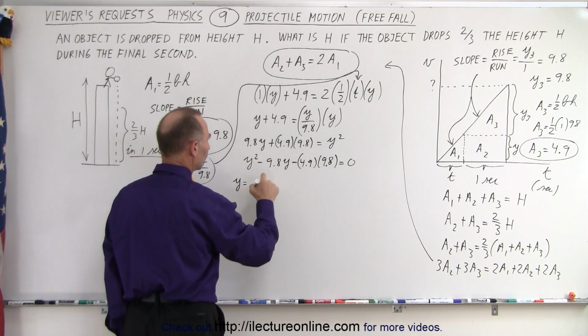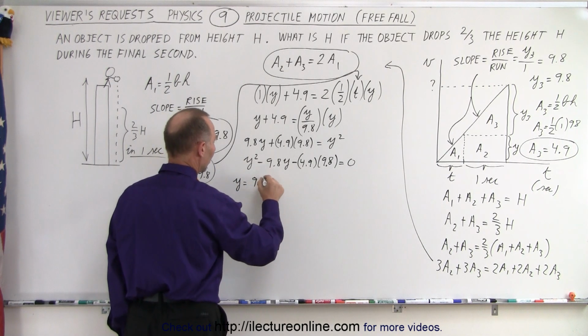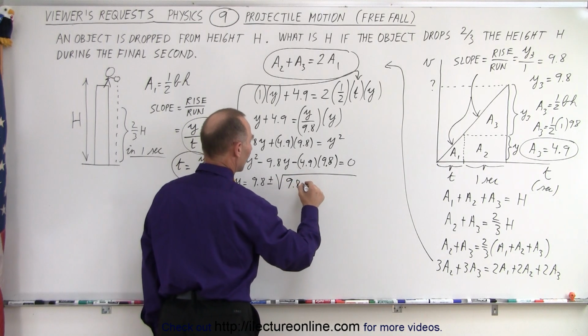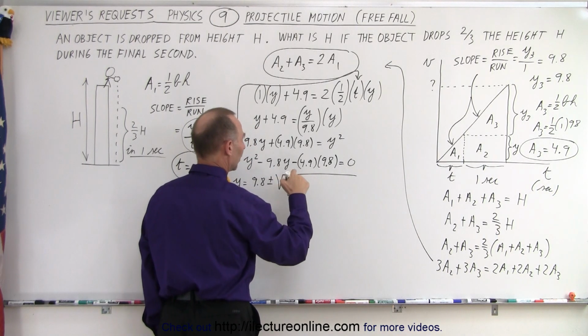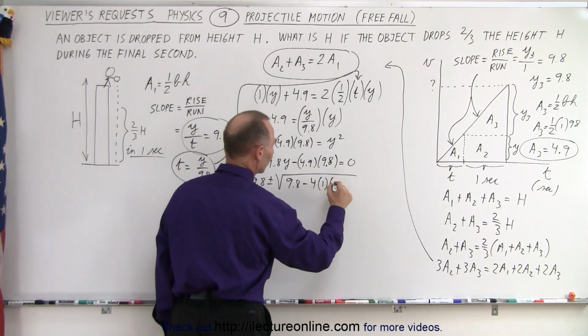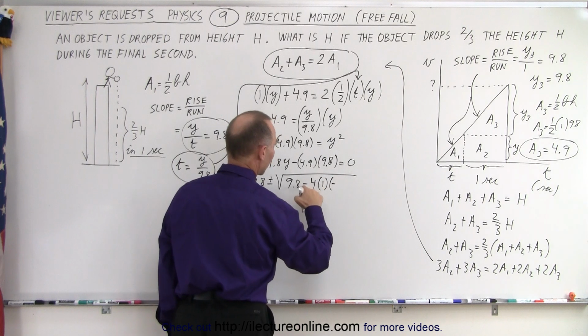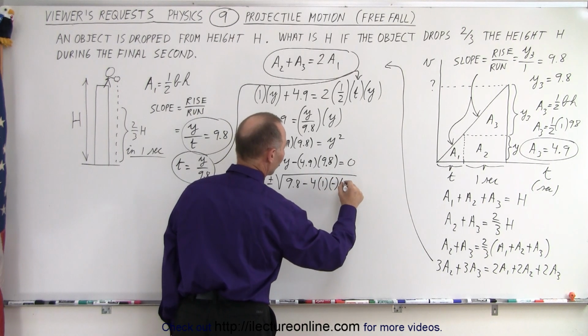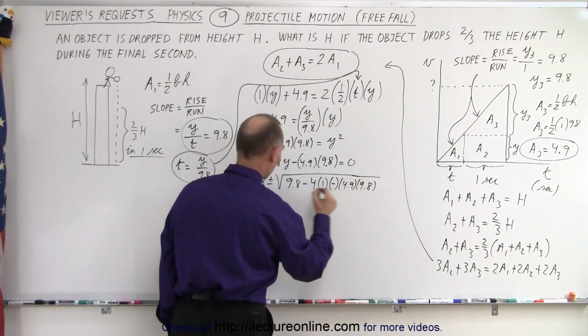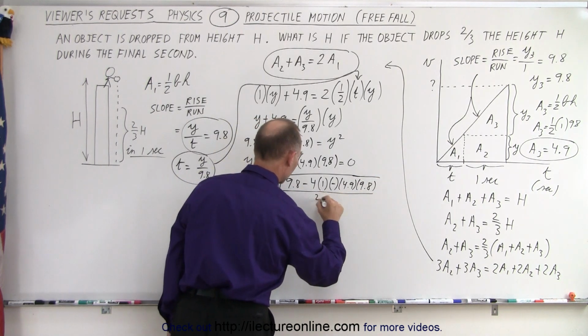So y is equal to minus b, which is 9.8, plus or minus the square root of 9.8 minus 4 times a, which is 1, times c, which is minus 4.9, so the minuses will cancel out, 4.9 times 9.8, all divided by 2a, which is equal to 2.